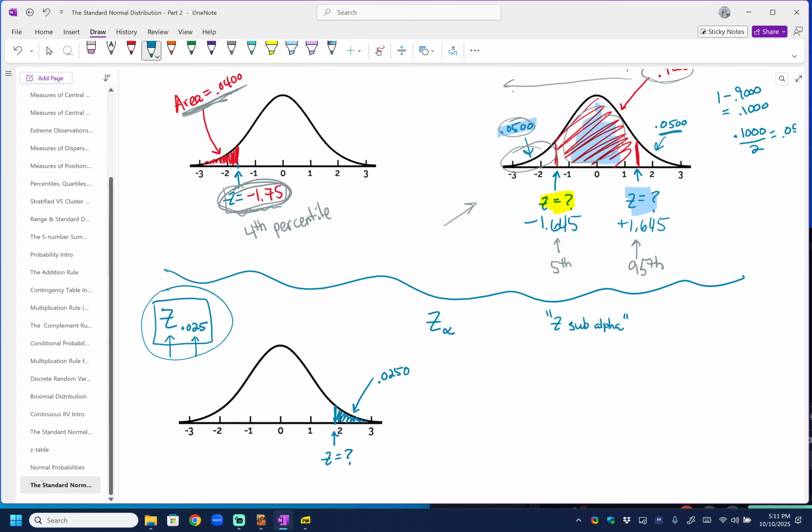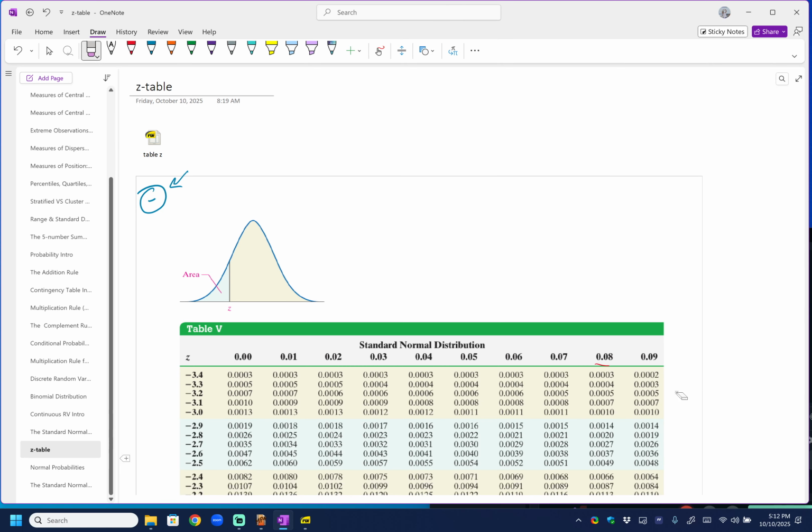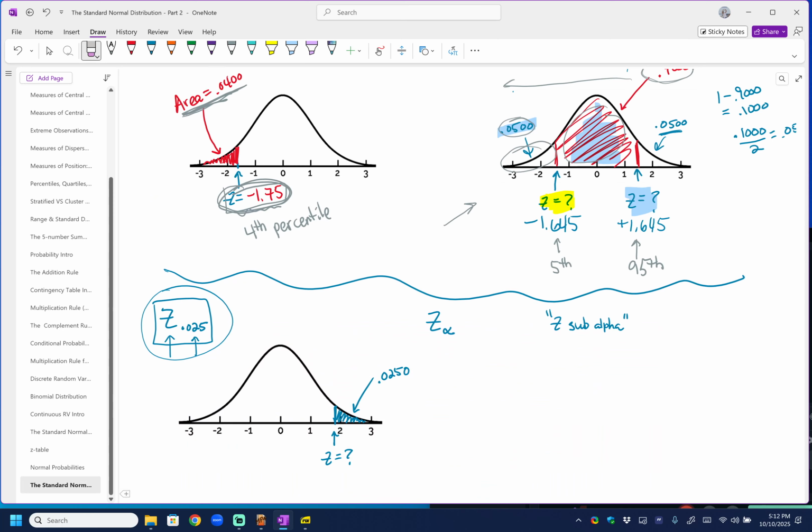So how exactly do we accomplish this? The first key is understanding that this is not an area below. All of the areas in the body of the z table are areas below. So if you try to look up a number that's not below, you are not going to get the correct result. So how do I find the z value in this scenario?